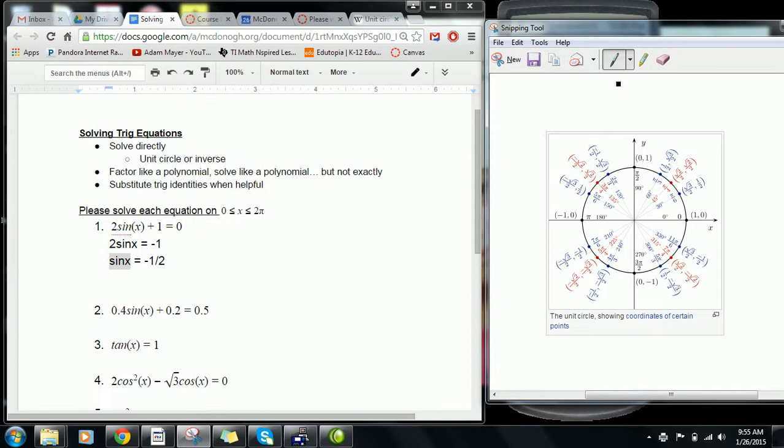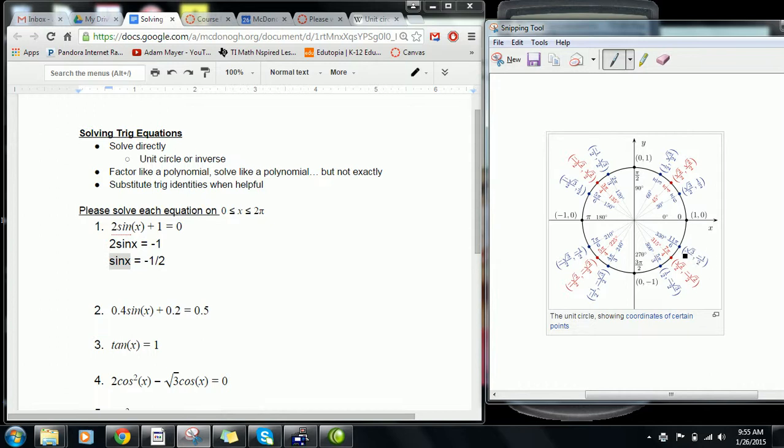Recall that the sine is the y value of the terminal point, so I'm looking for terminal points that have y values of -1/2. Therefore I'm looking at the third or fourth quadrants. Here's my -1/2, and here's another y value, -1/2.